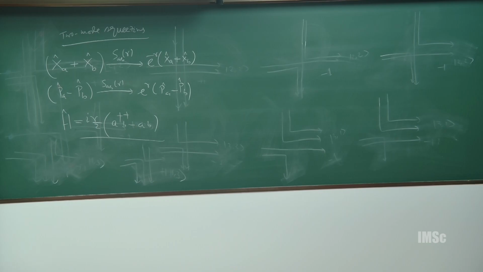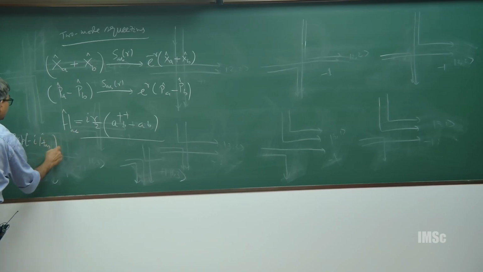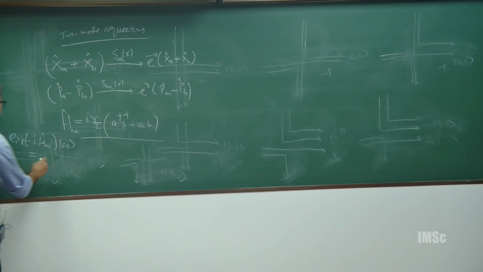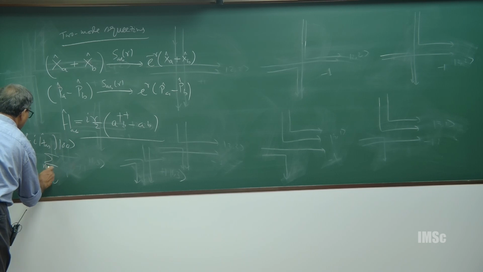So then, for this two mode squeezing, you can apply the exponential of minus i H AB, and on 0 0 you will get a two mode squeezed vacuum state, which is a sum over n from 0 to infinity.